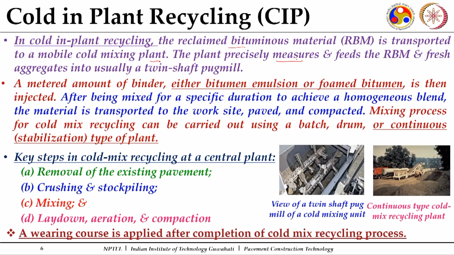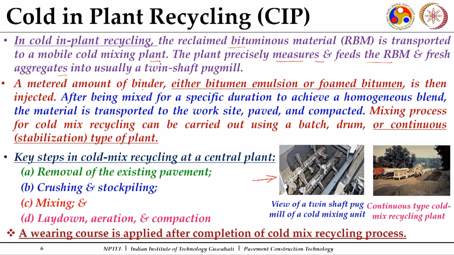And here, as we know, since it is a plant production, the plant precisely measures and feeds the reclaimed bituminous material and fresh aggregates, usually in a twin shaft pug mill mixer. You can see this is a twin shaft pug mill mixer at a cold mix plant.